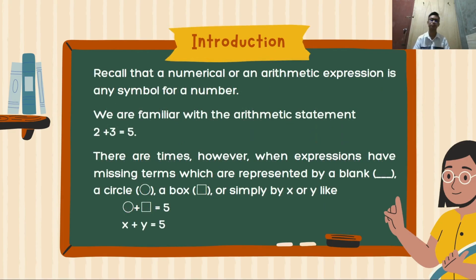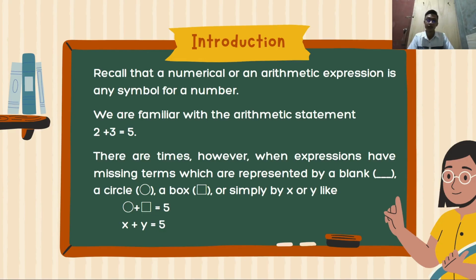Now, we have to recall that a numerical or arithmetic expression is any symbol for a number. We are familiar with the arithmetic statement, for example, 2 plus 3 is equal to 5.